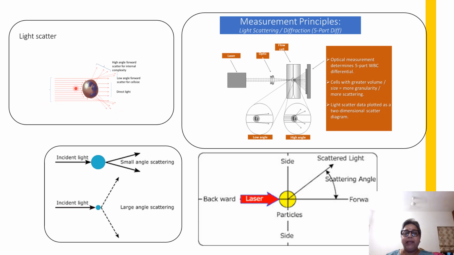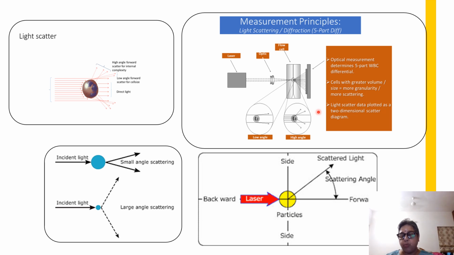So, incident light in a neutrophil getting scattered. You have a high angle scatter or a large angle scatter and a small angle scatter. The laser light upon a flow cell is getting scattered into a low angle and a high angle. Depending upon the size of the cell, a cell with greater volume, more granularity, there will be more scattering.